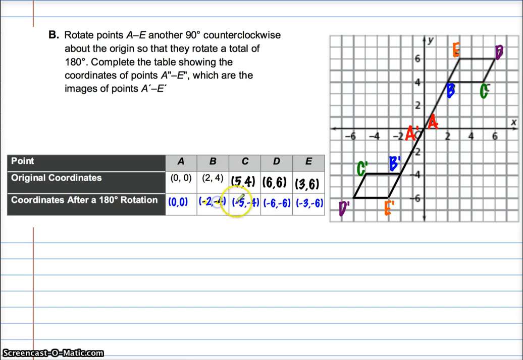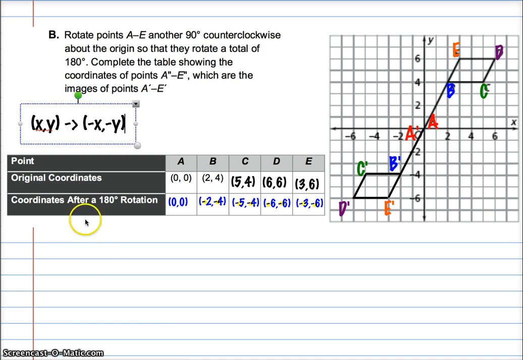That's a negative, negative, negative, negative. So we can say that our coordinates started off as x comma y, and they turned into the opposites, negative x comma negative y. So that's our rule for a 180-degree rotation.